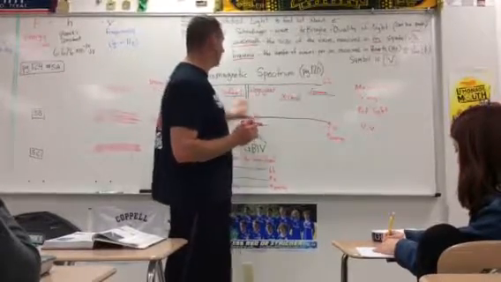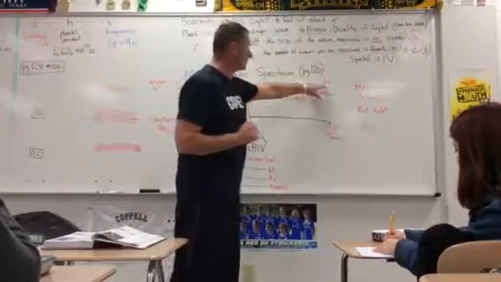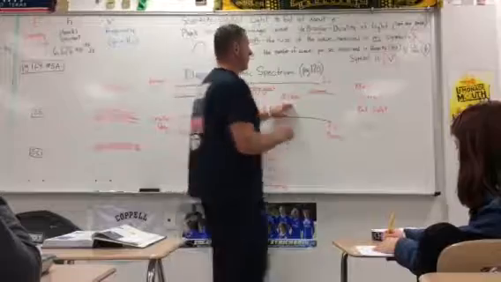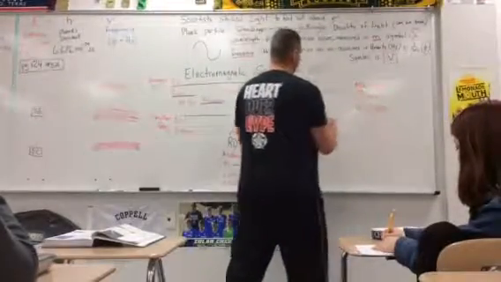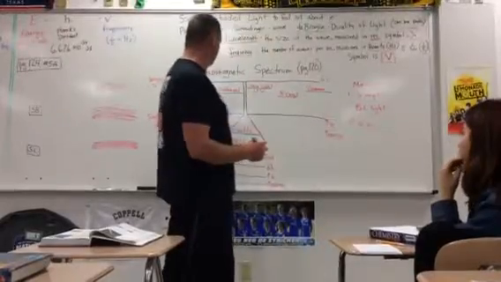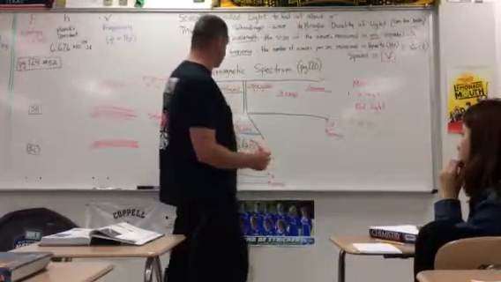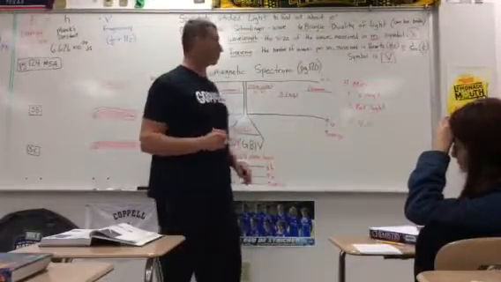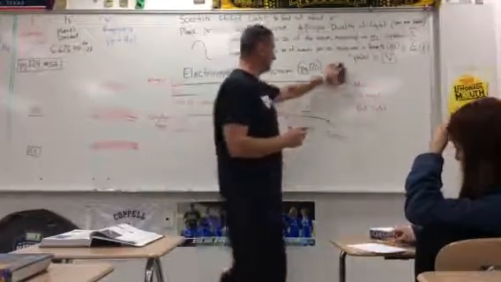Which of these has the shortest wavelength? The shortest wavelength is the one that's farthest to the right. So what's that going to be? X-ray. So that's number 1. Then what? UV is number 2. Then what? Red light's right here, it's in the visible spectrum. So that's 3. And then microwaves would be 4. So that's shortest wavelength to longest wavelength.